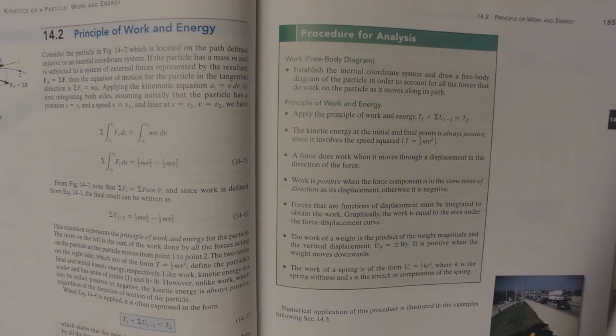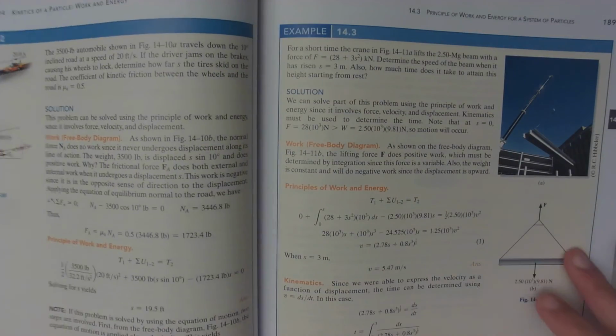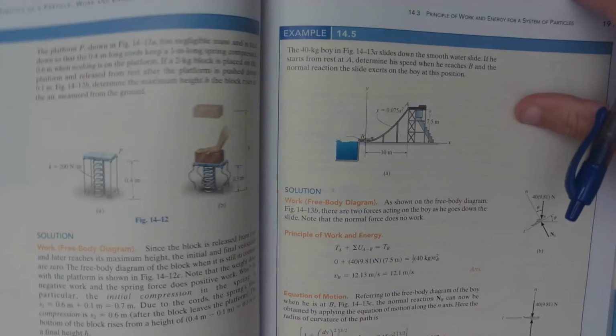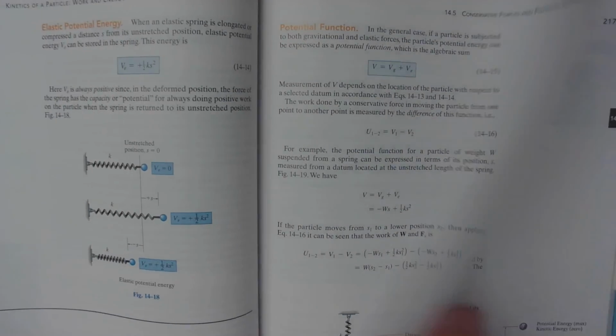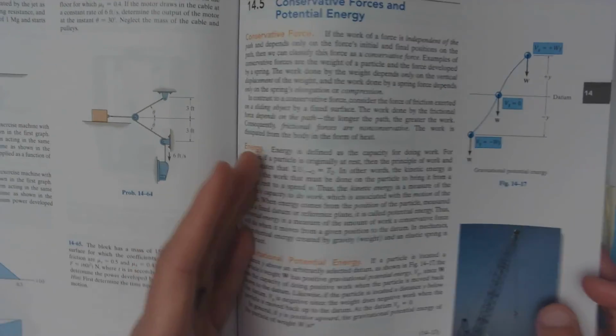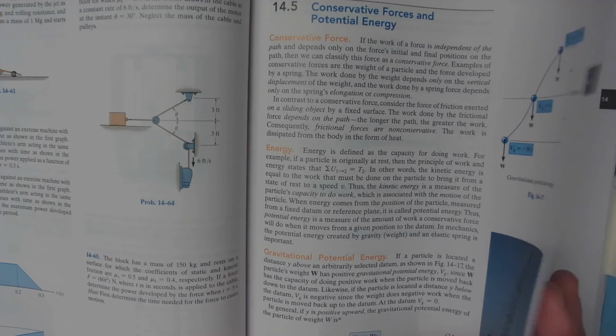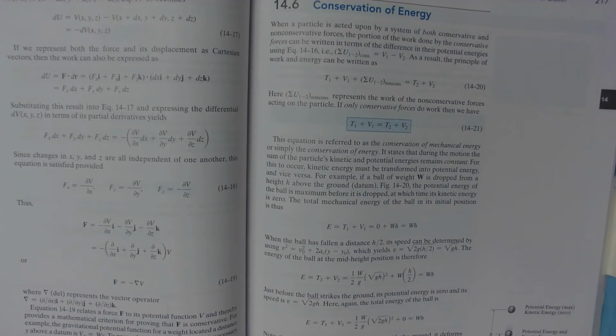Now, this is getting a little bit ahead of where we are in the textbook, but let's go and look at section 14.6. Maybe it's section 14.5. No. Well, they talk about the conservative forces and potential energy in section 14.5 and show you how you get the potential energy.